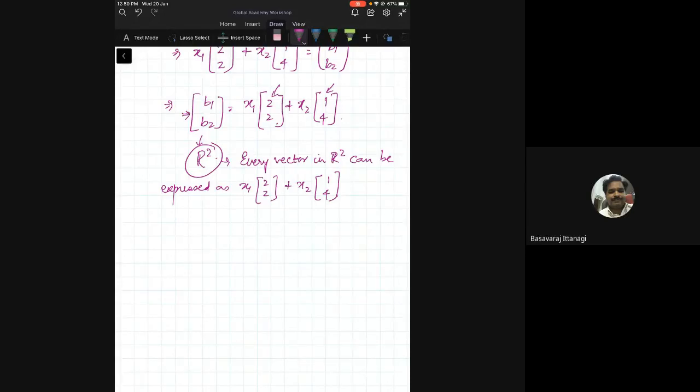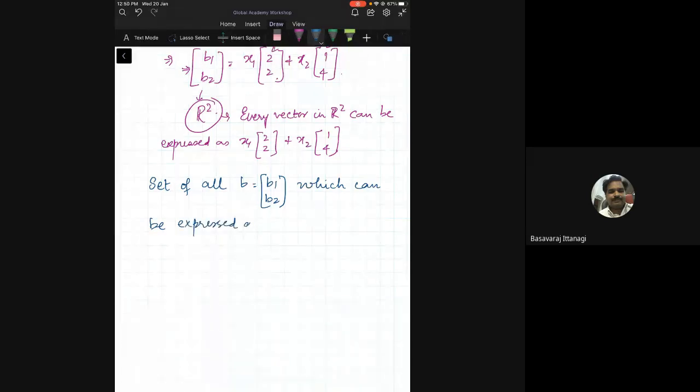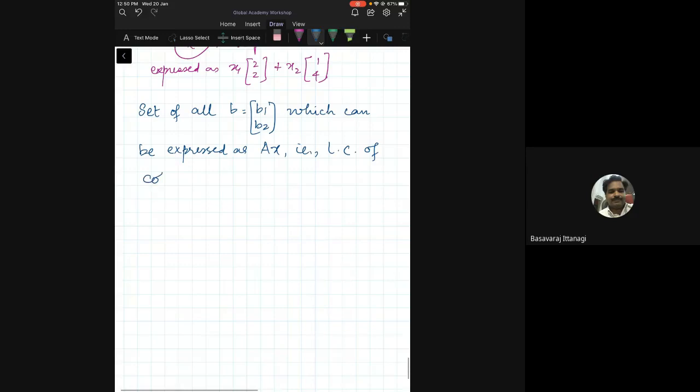Now what we're going to say is the set of all vectors b = (b1, b2) which can be expressed as Ax, that is, a linear combination of the columns of A, is called the column space of A. It is also called the range space of A. This is a vector subspace.